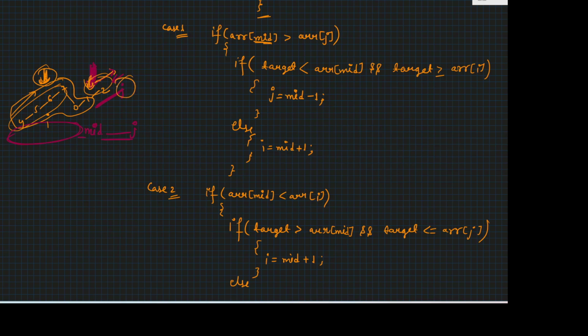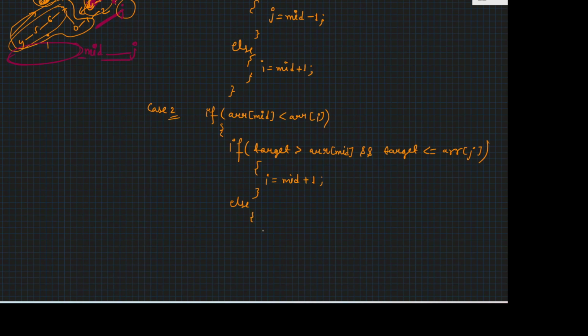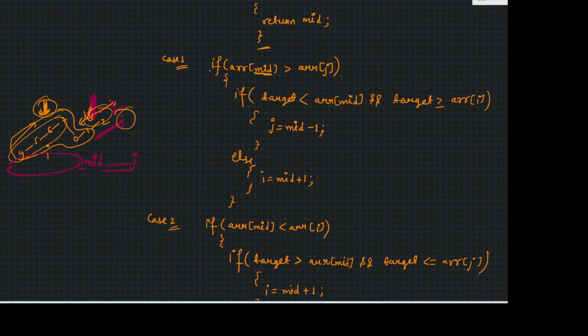So we need to decrease the J to the left of the mid. So we will say J is equal to mid minus 1.